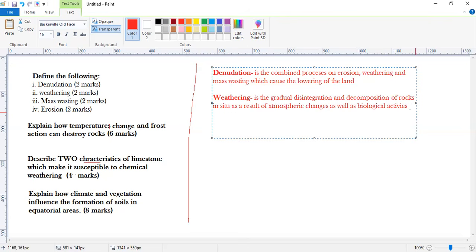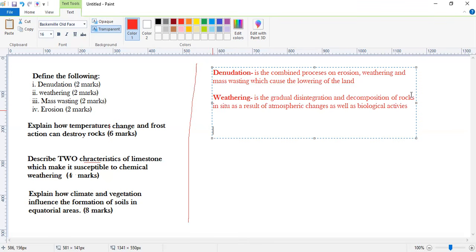All right. So when you write the definition, you should not just be writing something, it should mean something to you. Every word within the definition plays a very important role in defining the term. As I said, in situ, we don't want to leave that out of our definition.